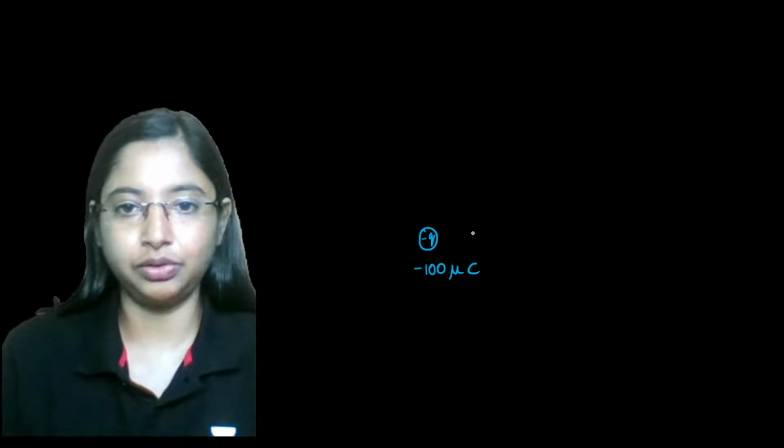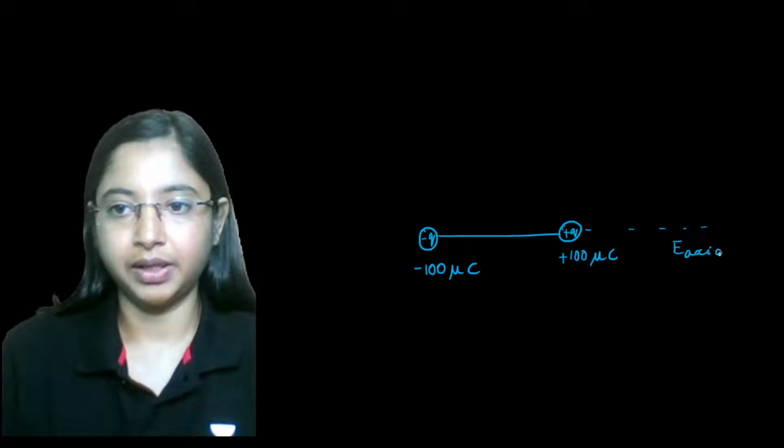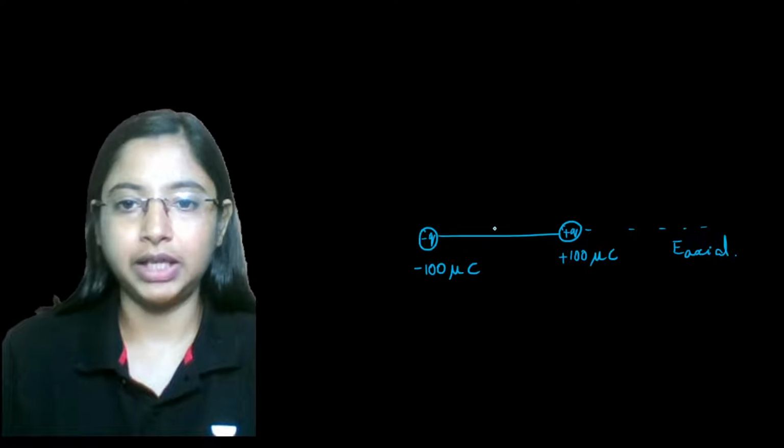In this case we have two charges. This is a negative charge, minus 100 coulomb, separated by a distance. This is a positive charge, plus 100 coulombs. Now when we got E axial, what are they asking us to find?